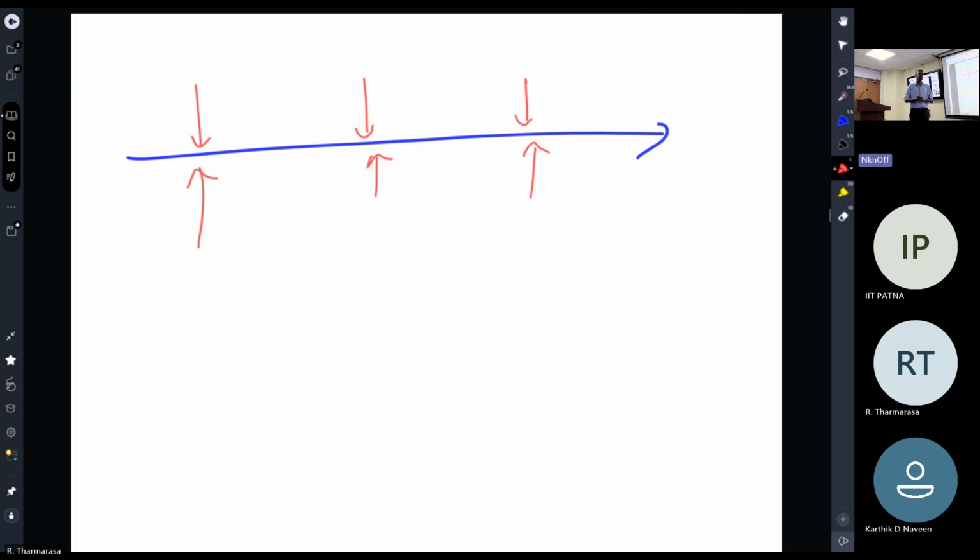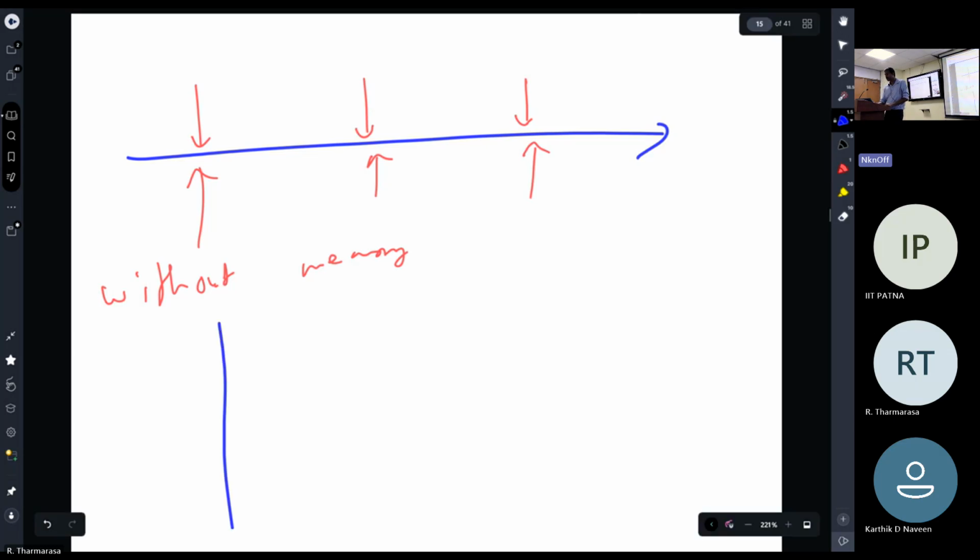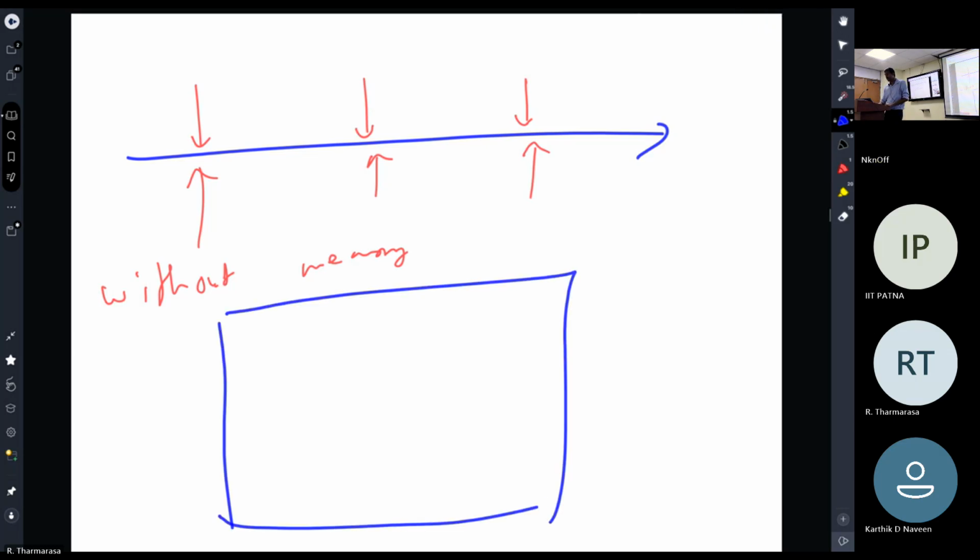First let's talk about without memory. Without memory means you have tracks from this and this, you fuse all of them, and produce the output. You get all the tracks and fuse, and finally you get this.